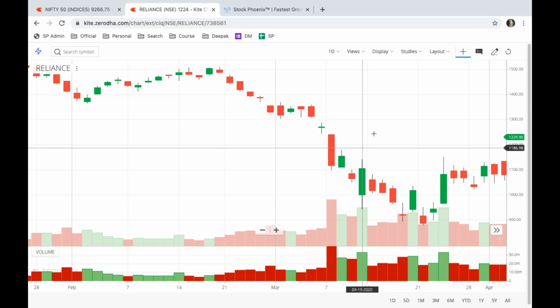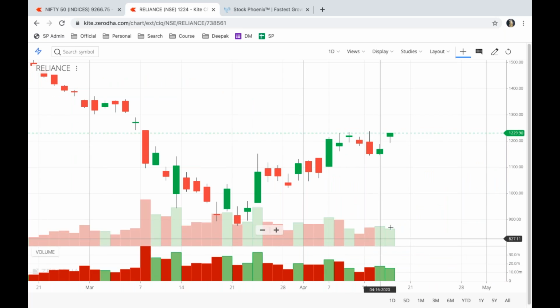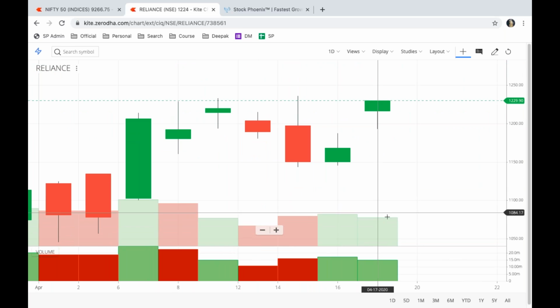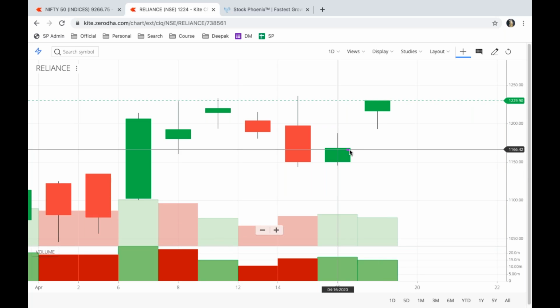So now, what is the logic behind this volume underlay? What is the logic behind this line? That means, how does this line change into red and green? If yesterday's close is greater than today's open, then it will be green.